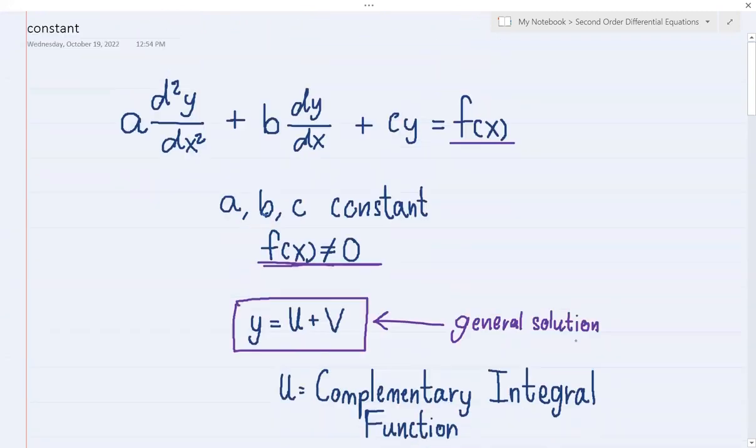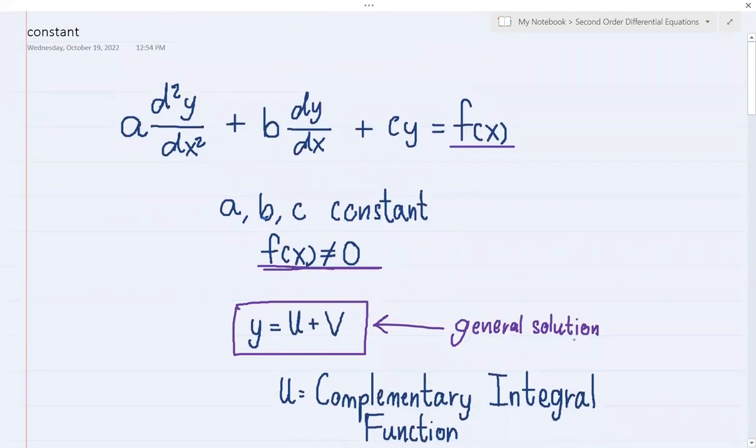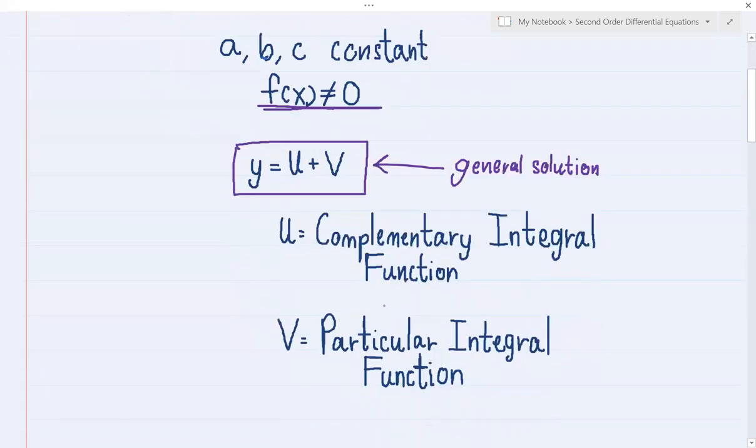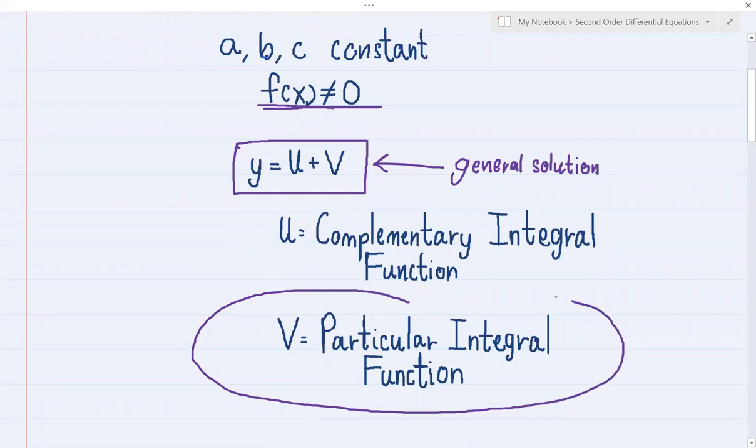Okay, so remember that I just said that your f of x could be anything. It could be a constant, it could be a polynomial, it could be an exponential, so on and so forth, right? Because there are many possibilities of what your function f of x could be, we're going to discuss them one by one, because each given function f of x has its own different method for your particular integral function.